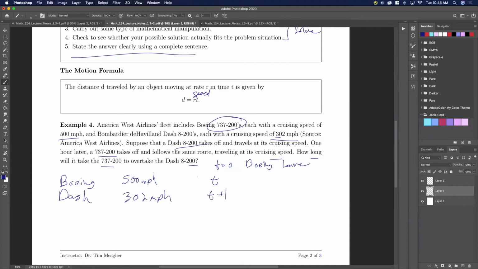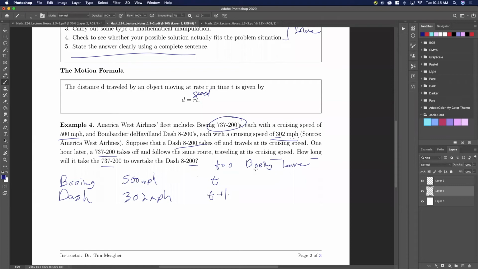Why? Because it had an hour head start. Since this is miles per hour, hours make good sense for our time.